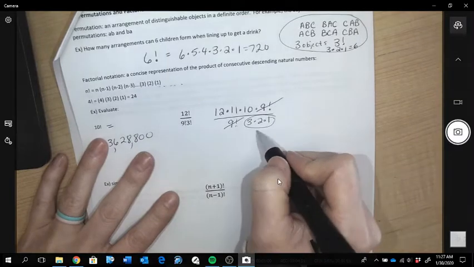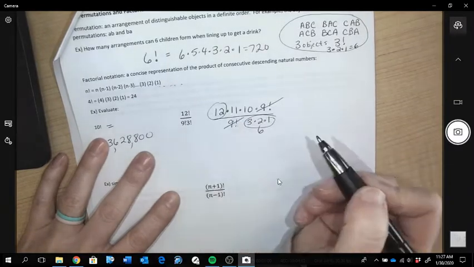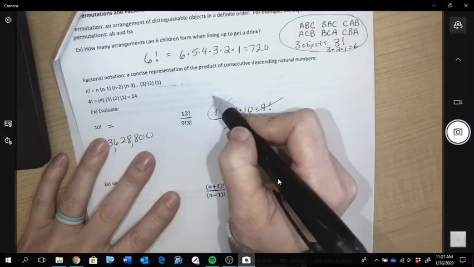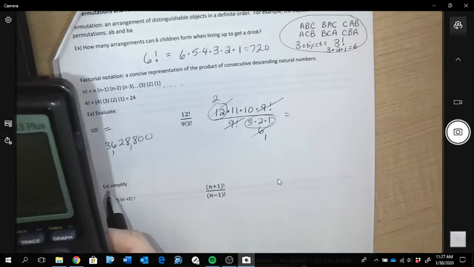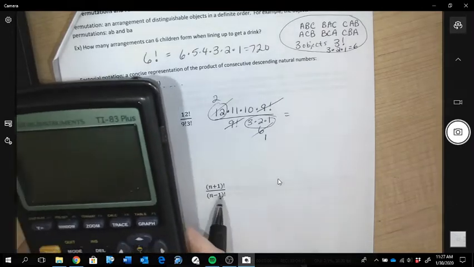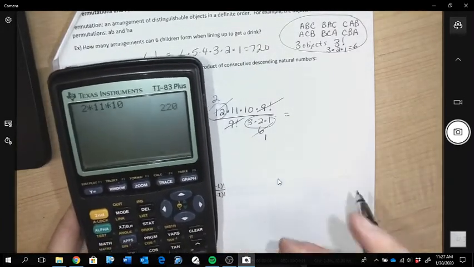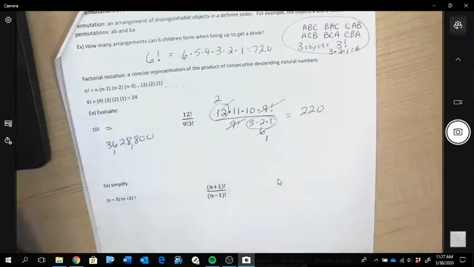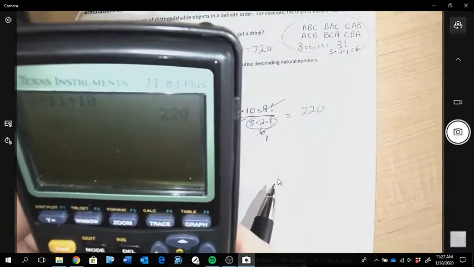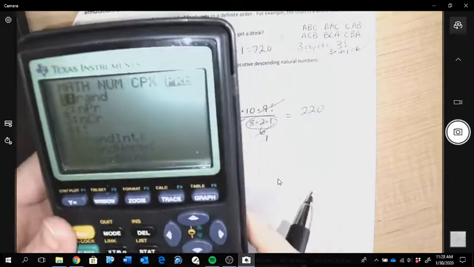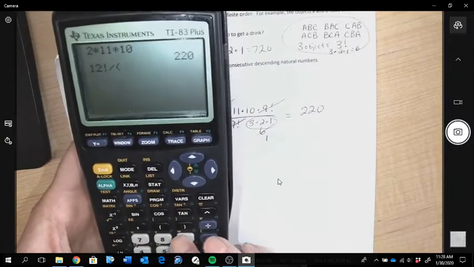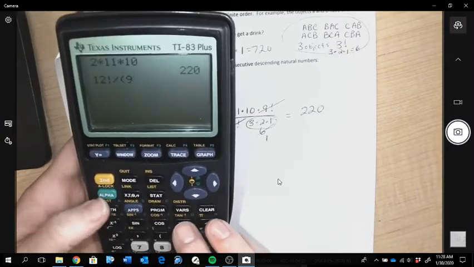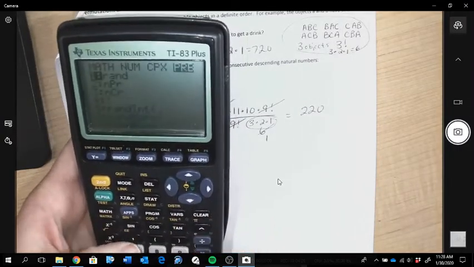I know this is 6, and this is 12, so that can cross off to 2 and 1. So now I have 2 times 11 times 10. That's the only thing remaining once I've canceled. Yes, your calculator probably would have done that, but sometimes you might have very, very large numbers that your calculator can't even handle. So this would be the only method.